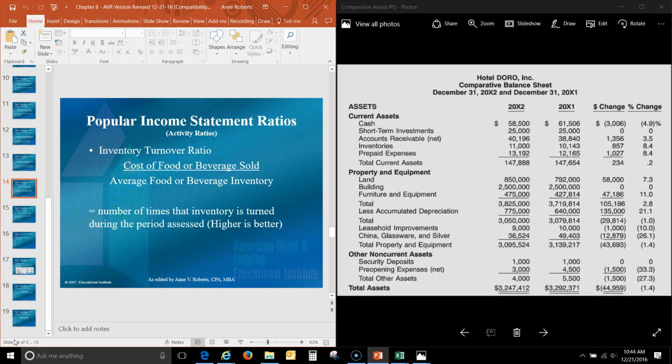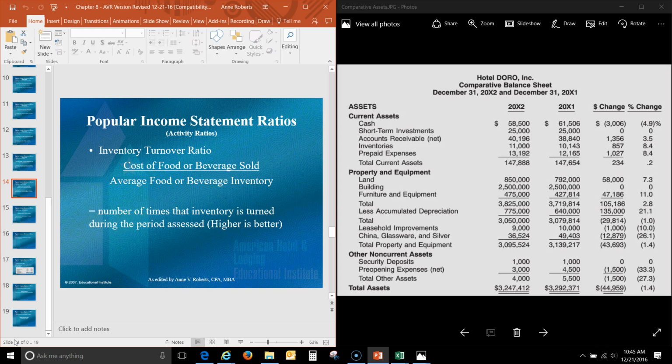But when we're doing this specific ratio here, we're going to come up here to this inventory amount, and you're going to have multiple inventory accounts. You'll have a food inventory, a beverage inventory, maybe a supplies inventory, something like that. So make sure that you choose the correct one. If we're evaluating the food inventory, we need to pull just food.